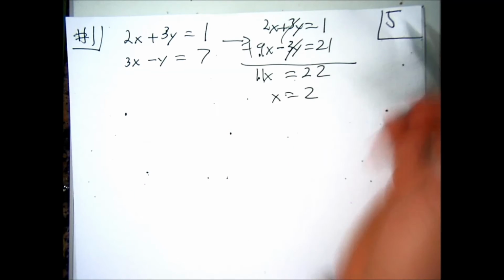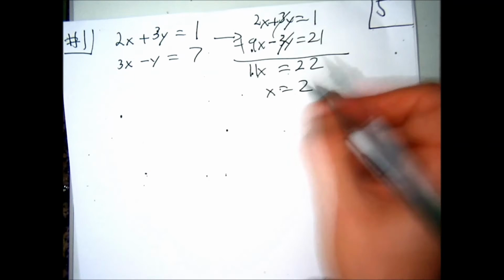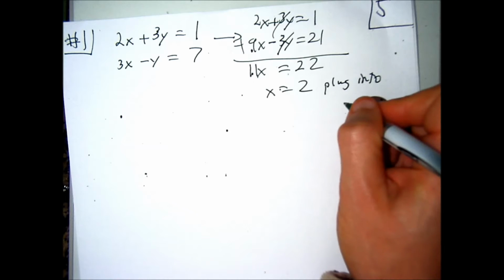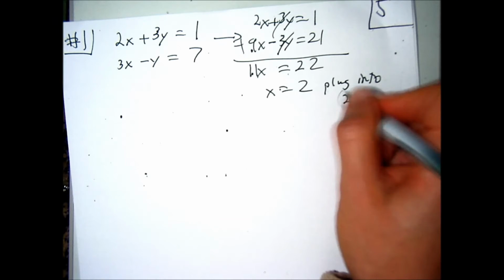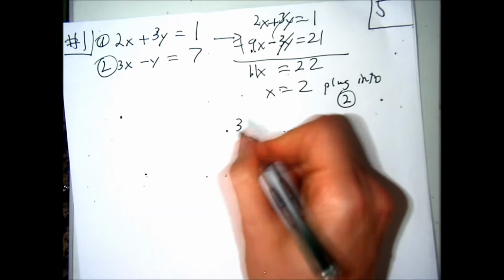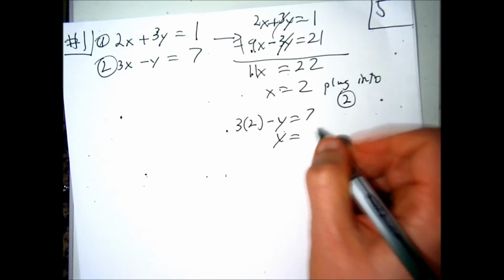And then I could plug this back into either of the originals. So I'll plug x equals 2 into equation 2. So that gives me 3 times 2 minus y equals 7.